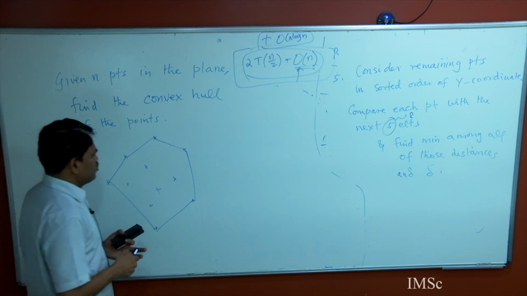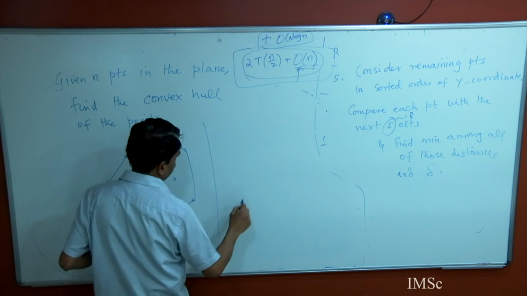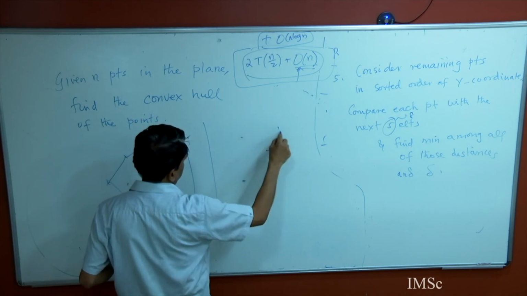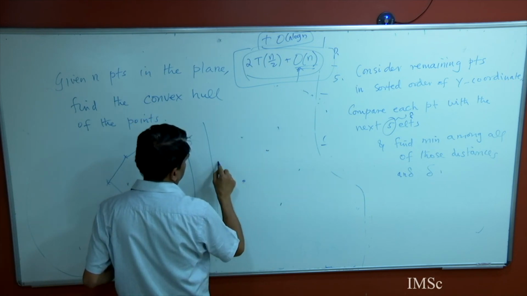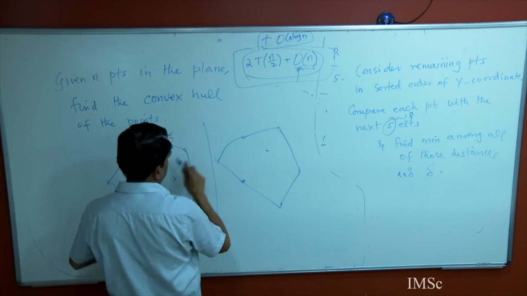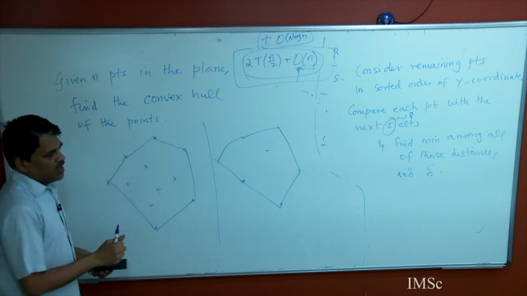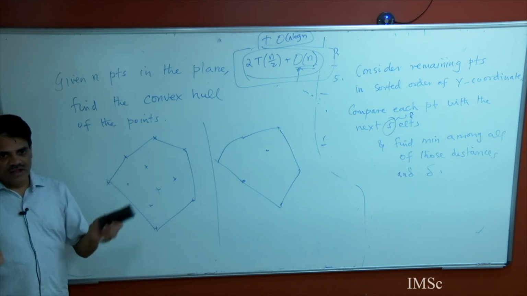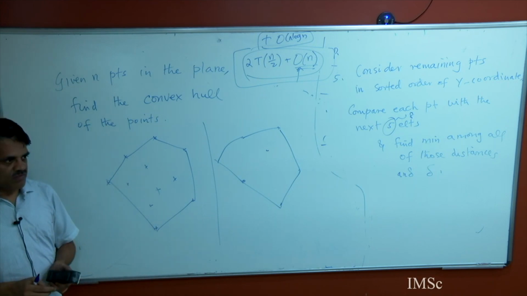So you divide it into two halves, find the convex hull recursively on each of the halves, and then in linear time you want to put them together.